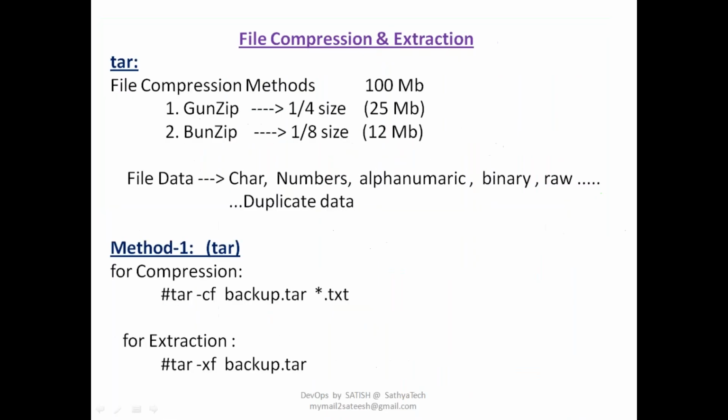And here we have some concepts like web servers, app servers, and some database servers. Tomorrow's class, I'll discuss how to configure these web servers and app servers. In today's class, we are seeing how to create files, directories, hard links, soft links, and how to use these file compression and extraction methods.